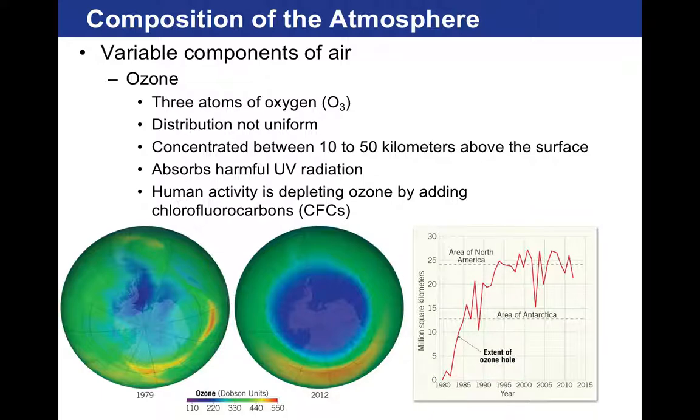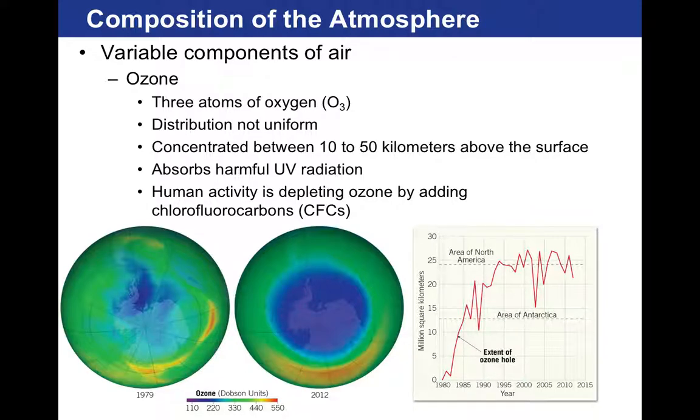Some other components of the air include ozone. So ozone is a molecule of 3 oxygen atoms bonded together. The distribution is not uniform. Certain areas have more ozone than others, and the ozone is mostly concentrated between 10 to 50 kilometers above the surface of the Earth. So what the ozone does, it absorbs a lot of ultraviolet electromagnetic radiation coming from the sun.